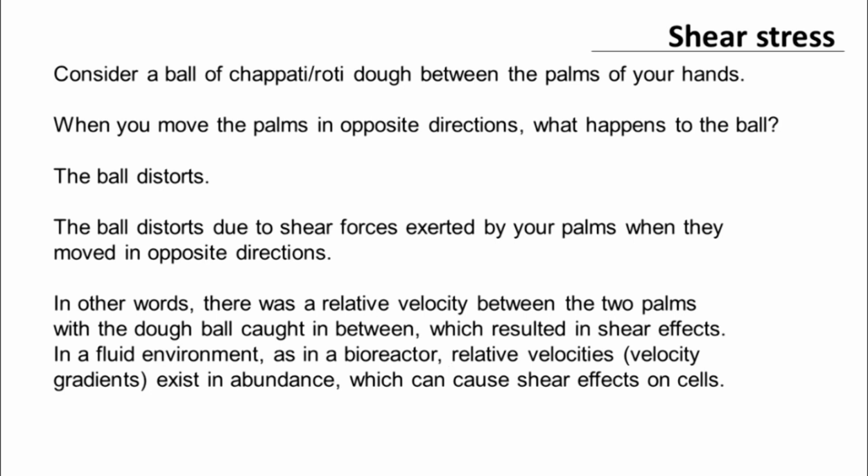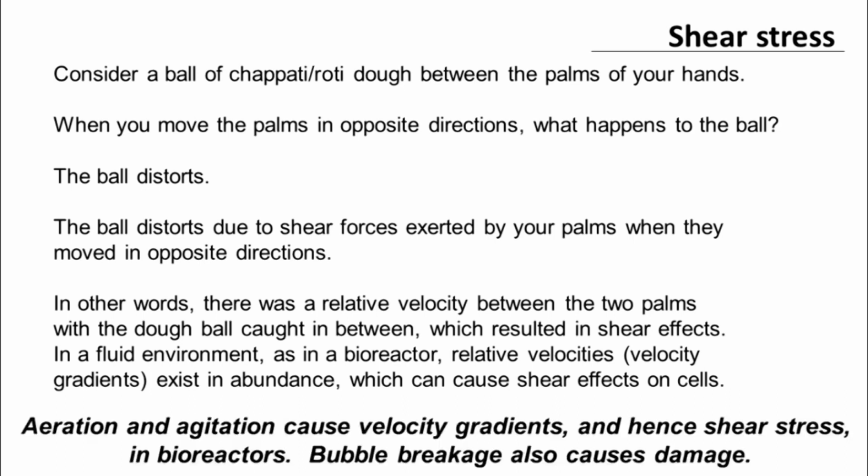The velocity gradients are brought about because the fluid is moving. The fluid is moving because of the agitator that is present there, or the agitation that is being caused, or the aeration that is being employed. The aeration also displaces the fluid, it causes velocity gradients, therefore it can cause shear stress.